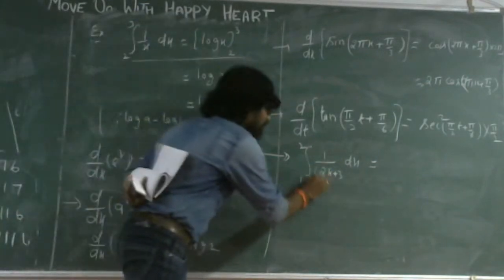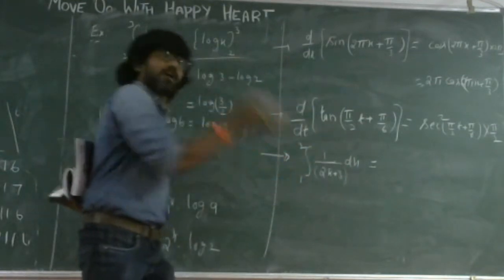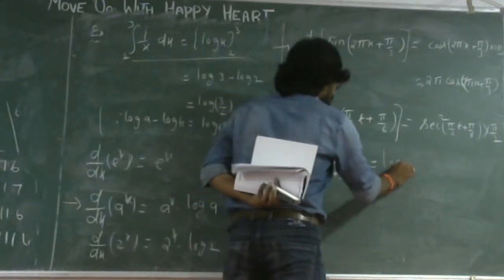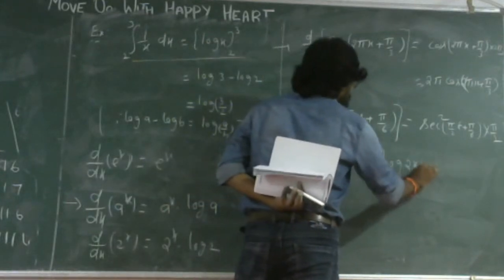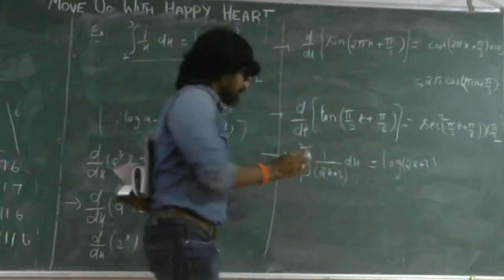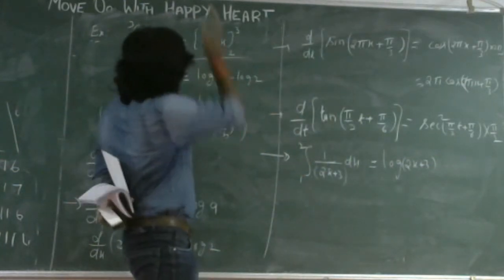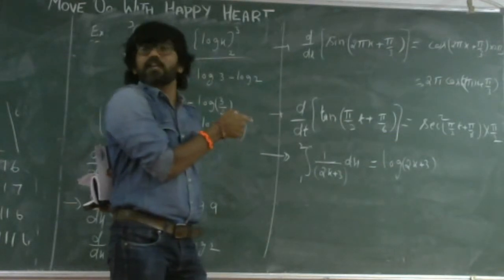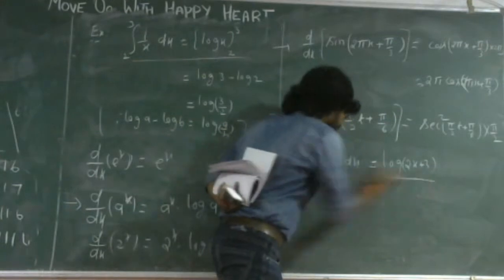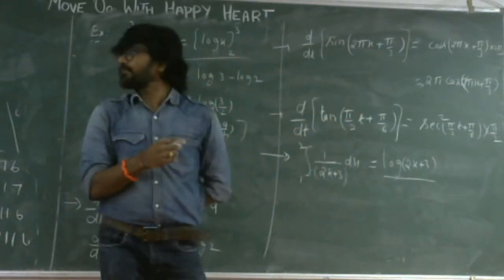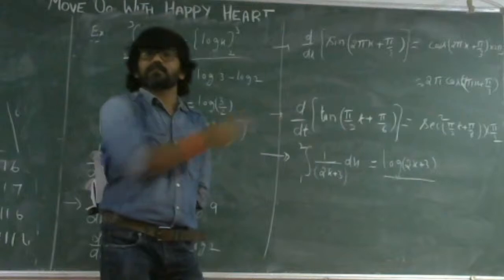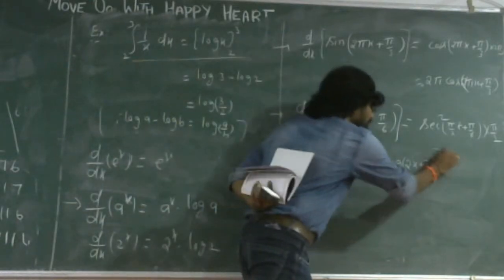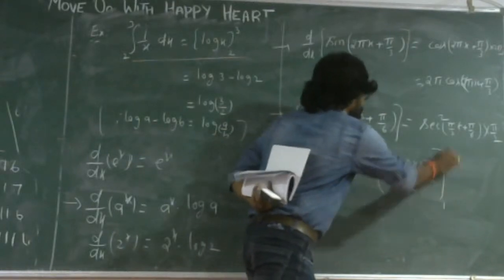In place of that, if you have this kind of form, you have to take log of that first. So log of 2x plus 3. If it is only x, it is log x and you can apply the limits. But here, because it is based on the chain rule, divide by the differentiation of this. What is the differentiation of this? 2. So divided by 2. Now you apply the limits to the entire thing. Lower limit is 1, upper limit is 2.